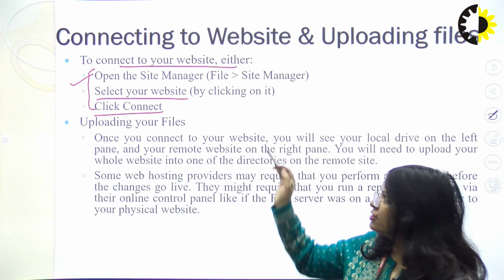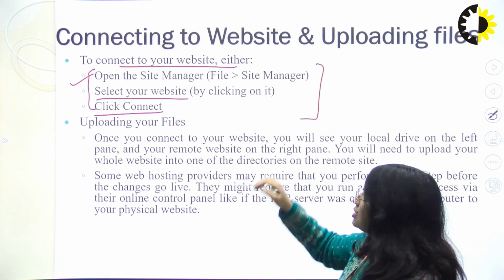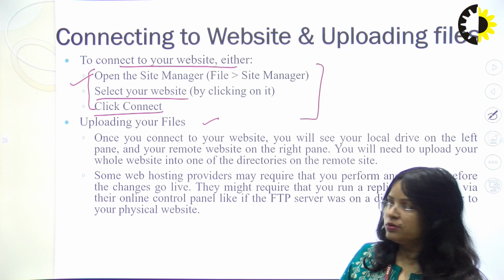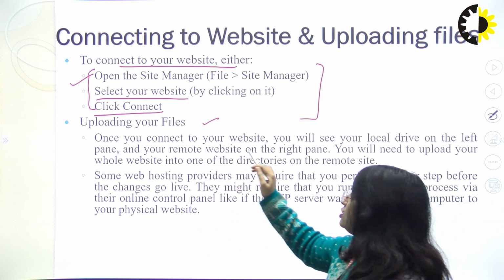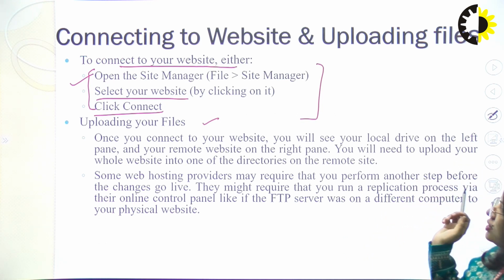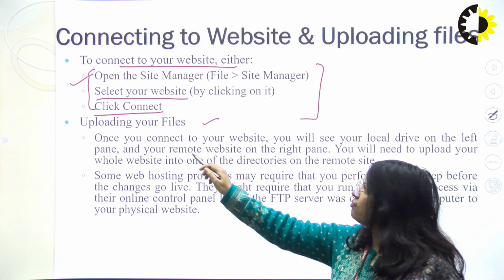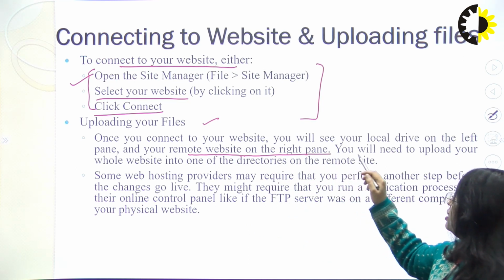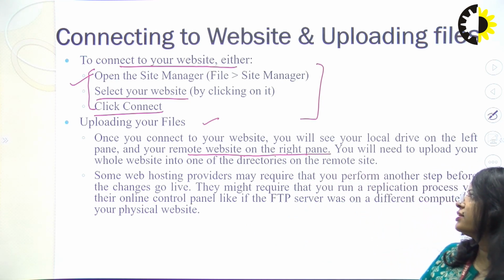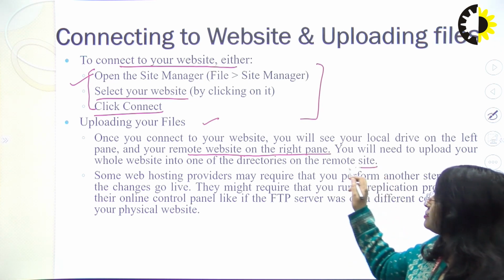After the connection is established, you can upload your files from your computer. Once you have connected to your website, you will see the local drive on the left pane and your remote website on the right pane. You are able to upload your whole website into one of the directories on the remote side.